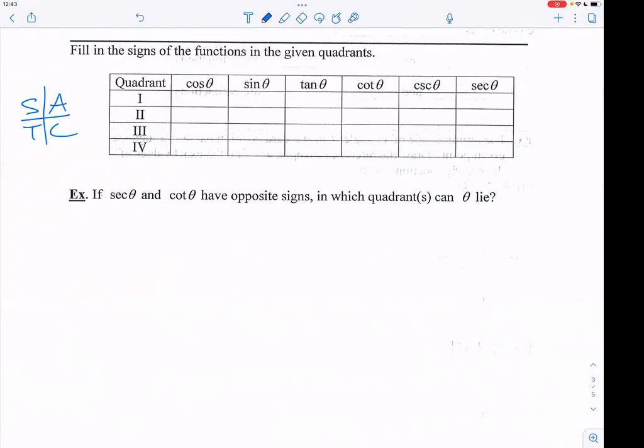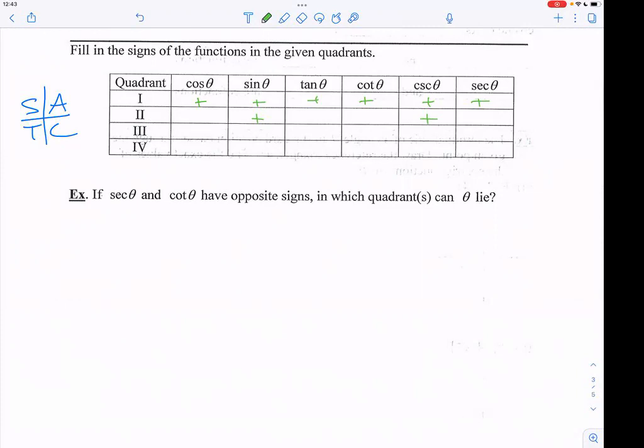So now let's focus on the positive. As always, focus on the positive. Quadrant 1. In quadrant 1, what functions are positive? All of them. So put down positive for all of them. Quadrant 2. Only sine and cosecant.